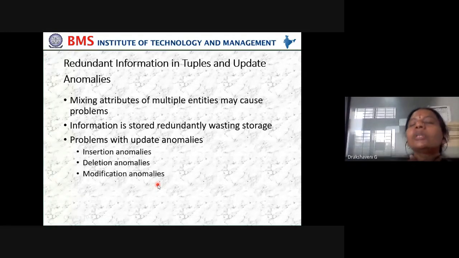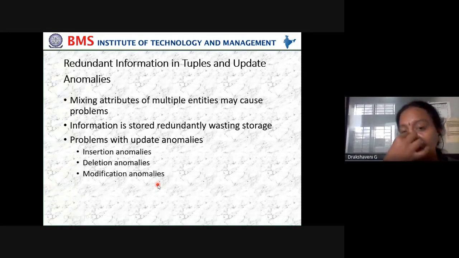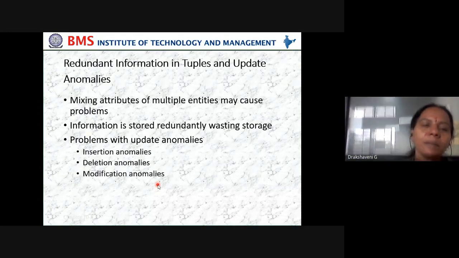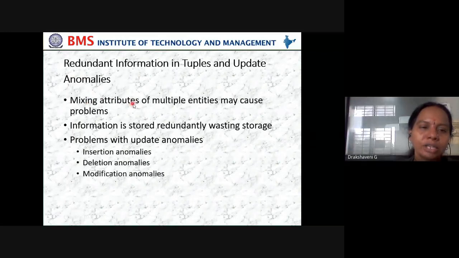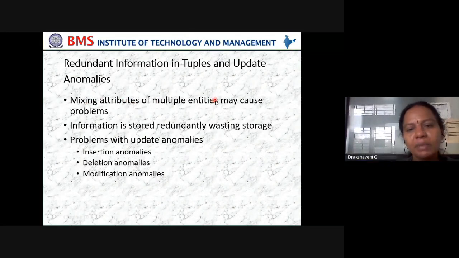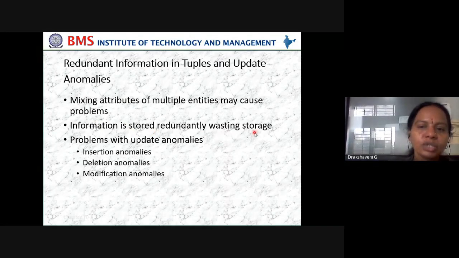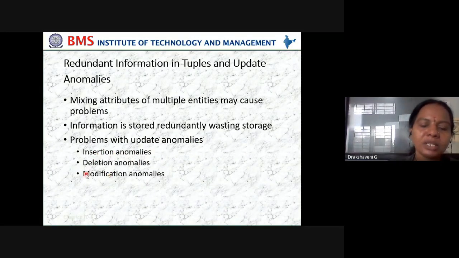And how do we remove redundant information in the tuples and update anomalies? Mixing attributes of multiple entities may cause problems. Information is stored redundantly, wasting storage. The problems are update anomalies, insertion anomalies, deletion anomalies, and modification anomalies.